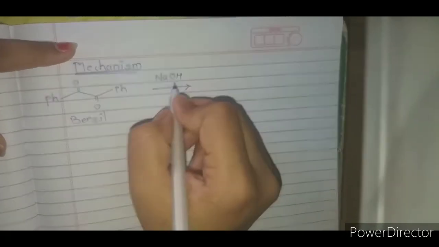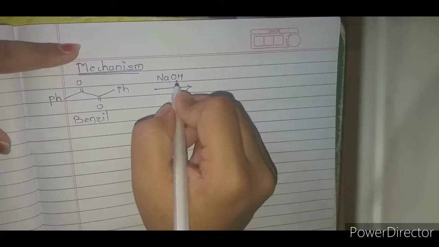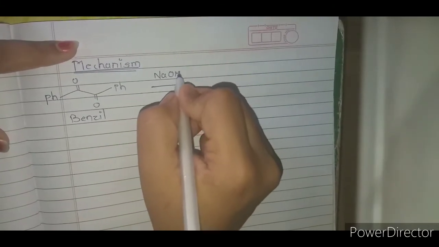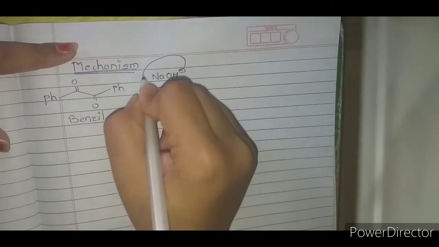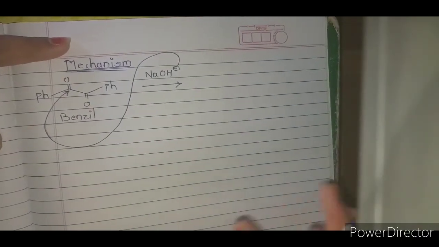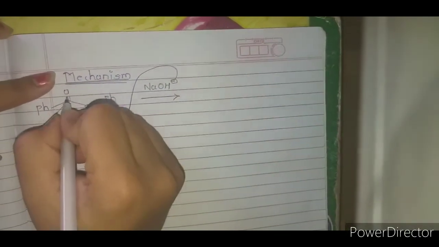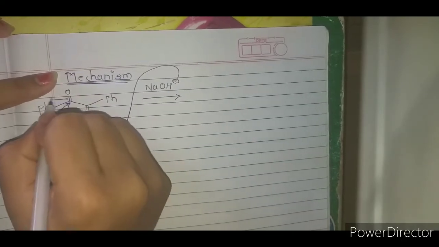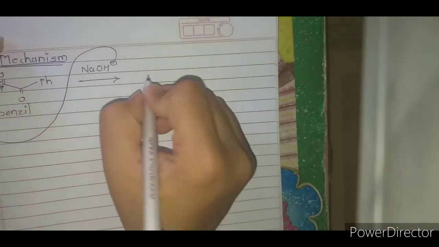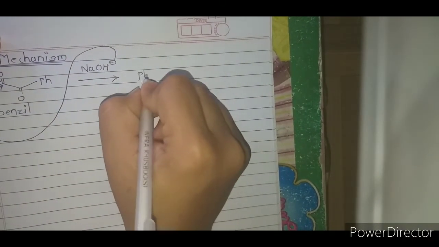The base acts as a nucleophile in this reaction. So this OH minus from the base attacks the carbonyl carbon, and this bond breaks here and forms this intermediate.